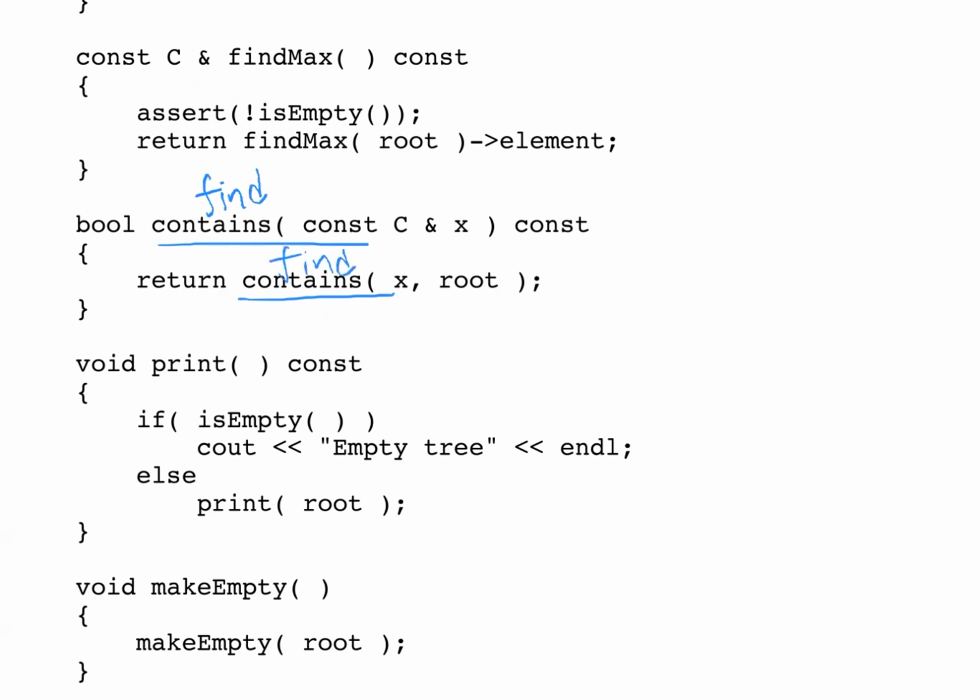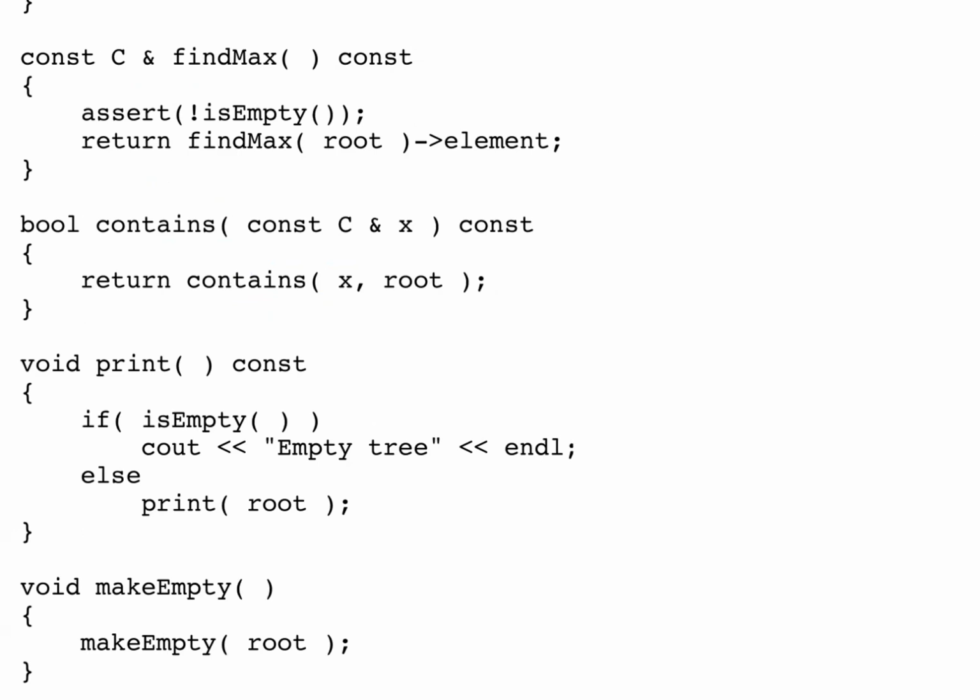And then we also have the print, but in fact here we don't need the print because we define the iterator. We can use the iterator to access every element in the binary search tree, so we can define a non-member function print before the main function.